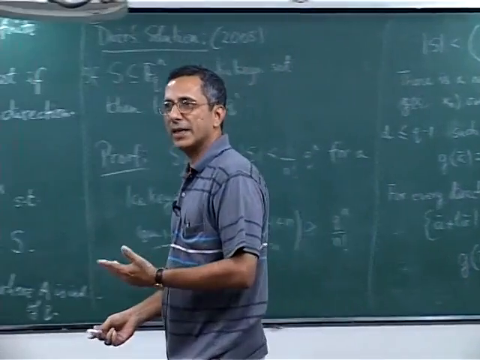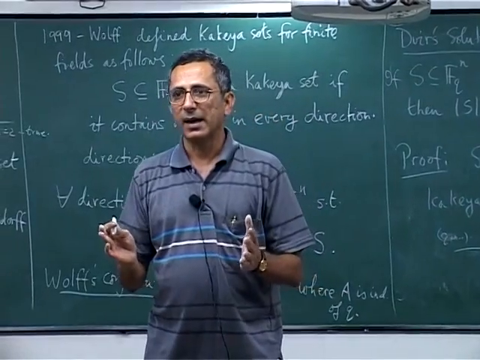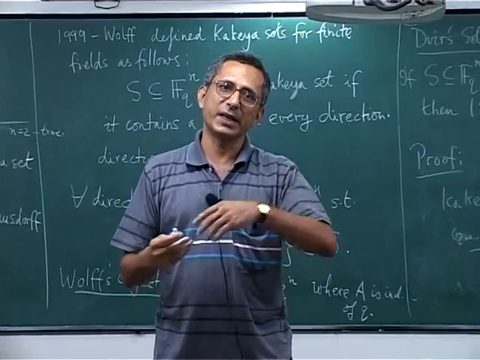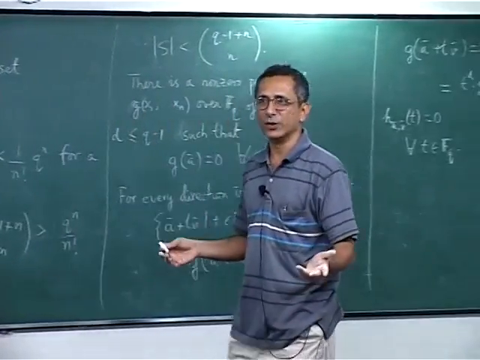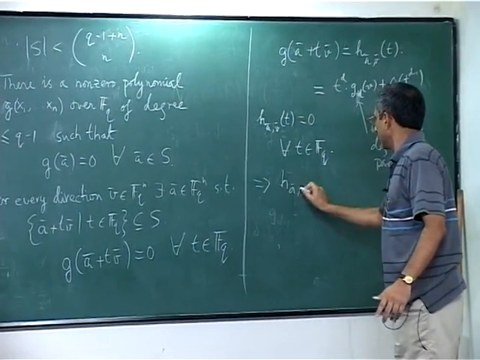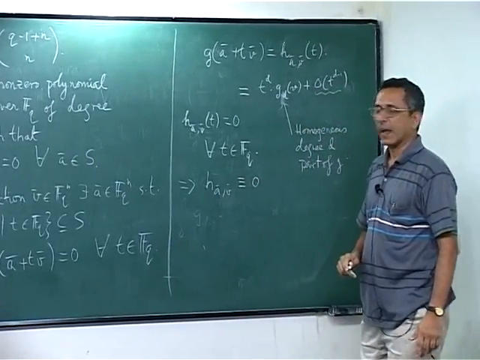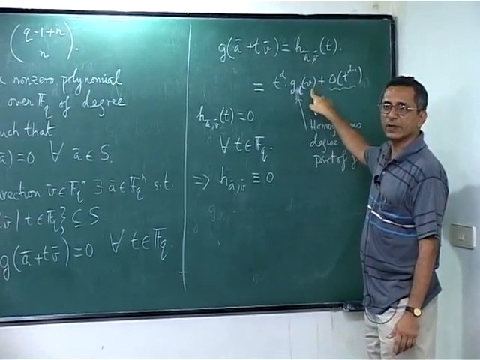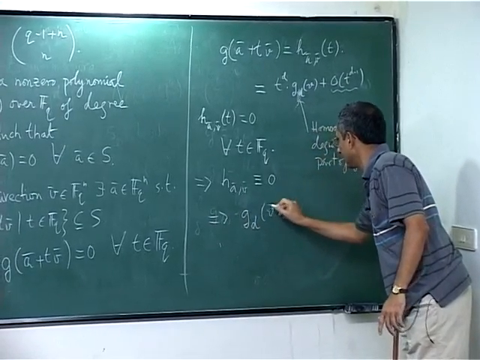So what can we say about h of A bar V bar? It's a polynomial of degree D which is at most q minus 1, and it's vanishing on q points because the field has q points in it. It must be identically 0, it must be the zero polynomial. This implies h of A bar V bar is identically 0. Identically 0 means what? Every coefficient is 0. In particular, g_D of V bar is 0.